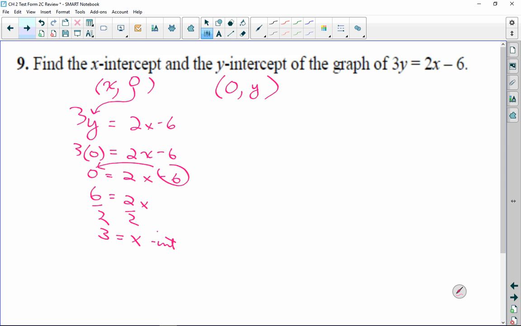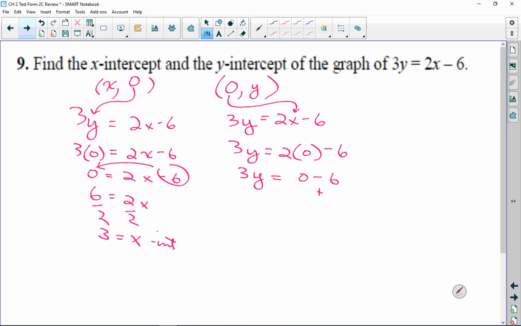Pretty easy, right? And then to find the y-intercept, I'm going to take the same equation and do the same thing, only this time I'm going to put 0 in for the x. Like that, put it in for the x.